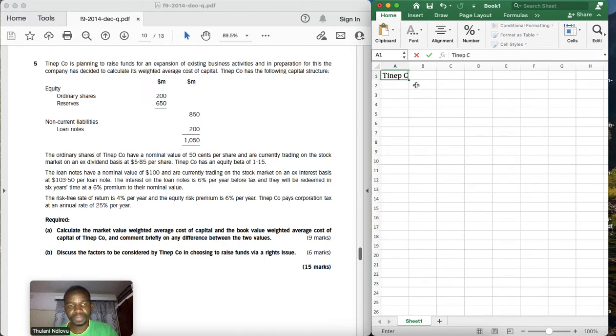Tinep Co. cost of capital. We will start with the equity.